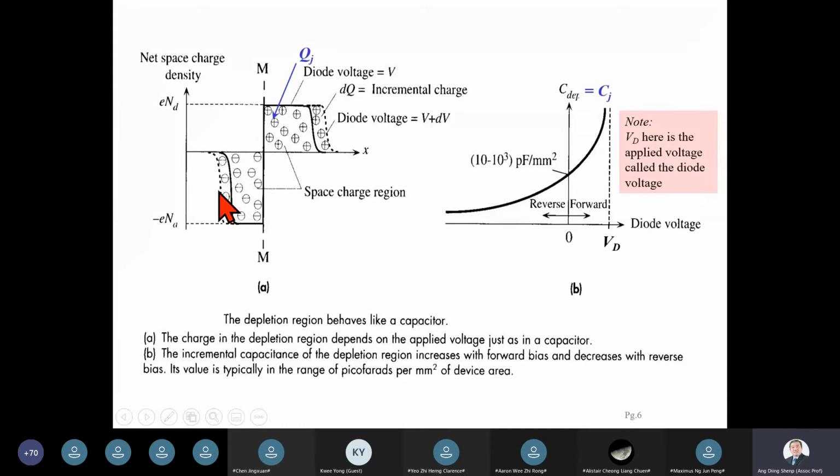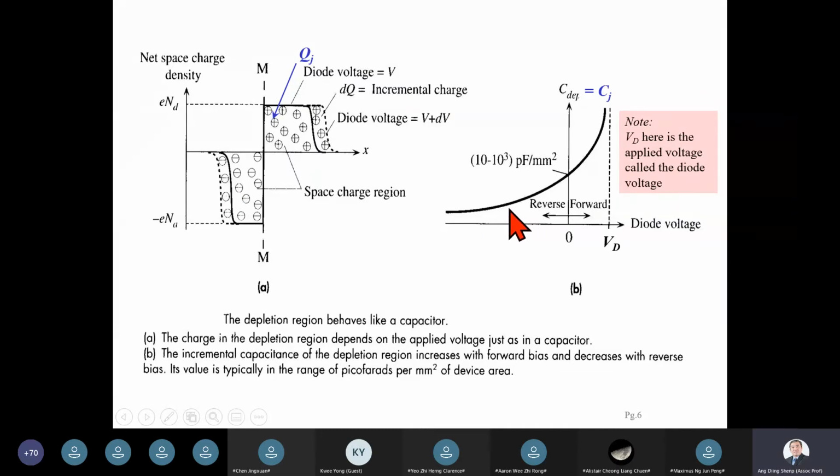So since the change in the space charge is larger for a given change in the voltage, the junction capacitance increases. On the other hand, if you increase the reverse bias of the PN junction, the depletion region widens. So for a given change in the voltage, the change in electric field across the space charge region is smaller, corresponding to a smaller change in the amount of space charge at the two edges, giving rise to a smaller capacitance.